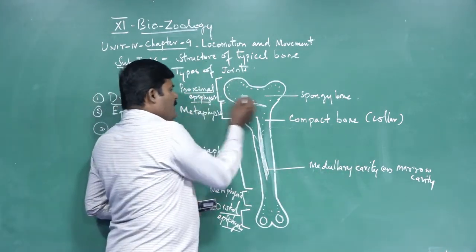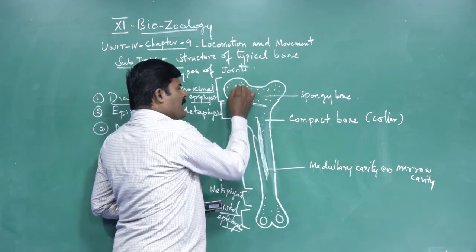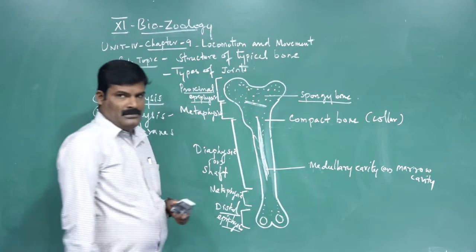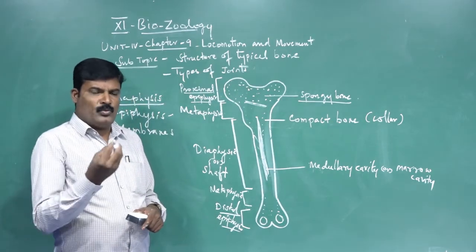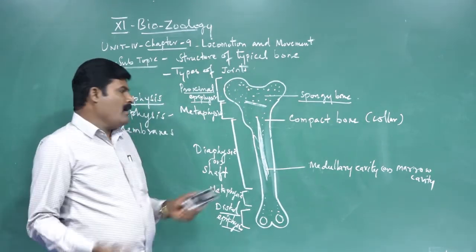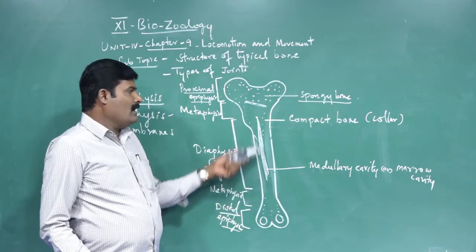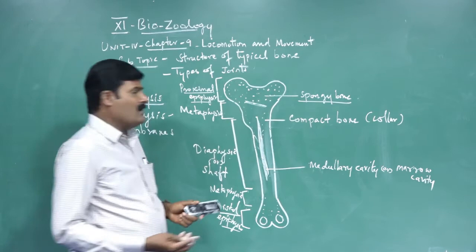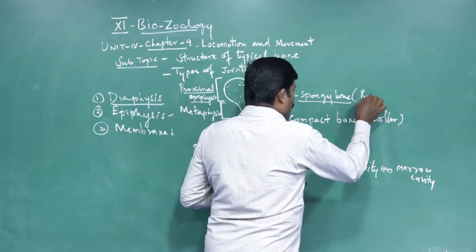The interior of the epiphysis is called spongy bone. Spongy means what? Smooth and soft. But this is thicker. This is spongy bone. It is soft, which contains red bone marrow.